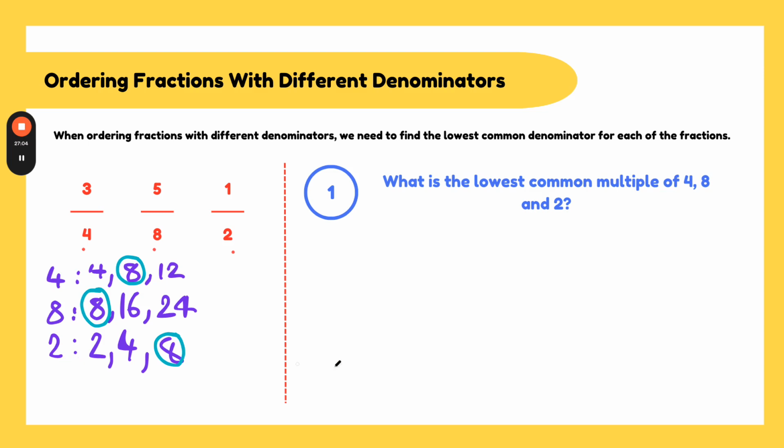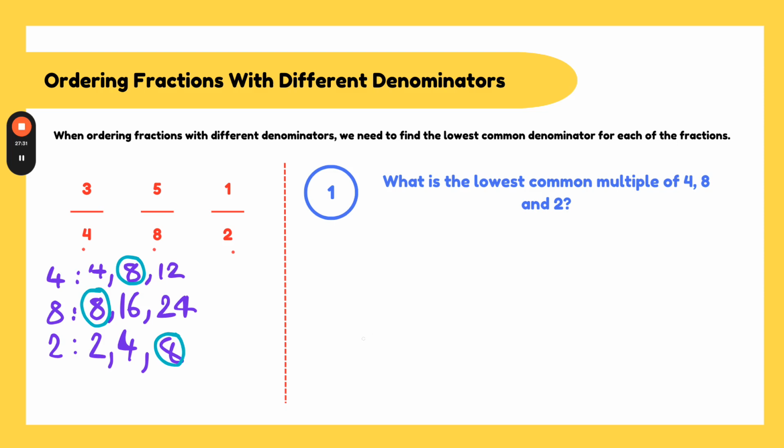common multiple. So again, just to recap, the reason why it's 8 is because 8 is in the 4 times table, 8 times table, and 2 times table, and also it is the smallest number, which is a common multiple of all 3 numbers.